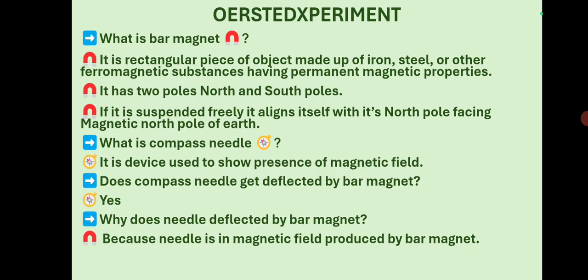So by its deflection, we can understand that a magnetic field is present there. Does the compass needle get deflected by a bar magnet? Yes, because a bar magnet produces a magnetic field. So when we bring a bar magnet near the compass needle, the compass needle will definitely deflect due to the magnetism produced by the bar magnet.